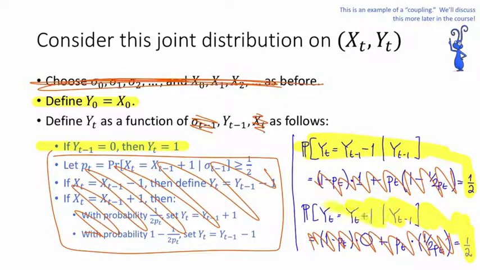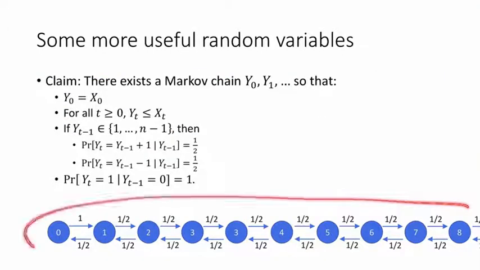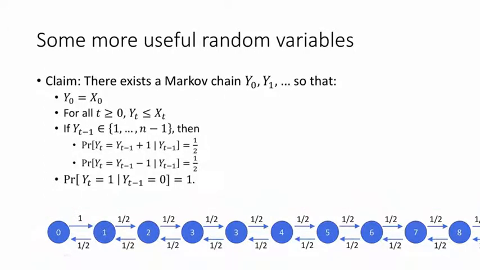If we just look at this marginal distribution, forgetting everything about the sigmas and the x's, then this has all the properties we wanted. In particular, it's a Markov chain that looks like this. Okay, so that proves this claim.